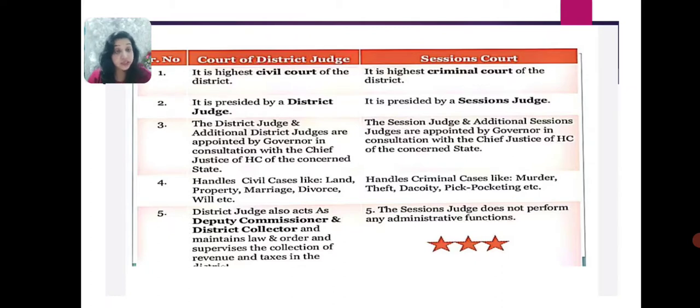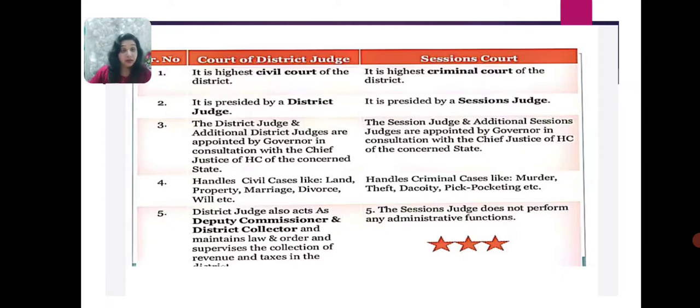So in the sessions court, the sessions judge and the additional sessions judges, sessions judge meaning DM, district magistrate, and additional sessions judge meaning ADM, are appointed by the governor of the particular state in consultation with the Chief Justice of the High Court of the concerned state.